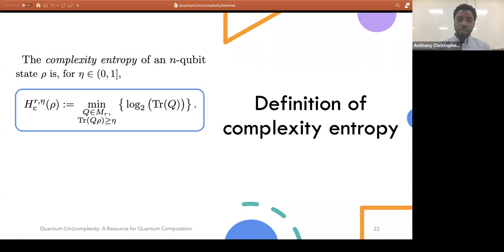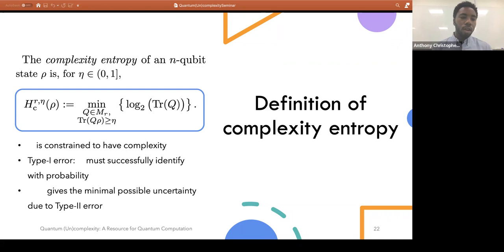So now let's give the definition of the complexity entropy. So the complexity entropy of an n-qubit state rho for some parameter eta between 0 and 1 is given as follows. Okay. Let's talk about what each of the components in this formula means. It's important that we understand this entropy.